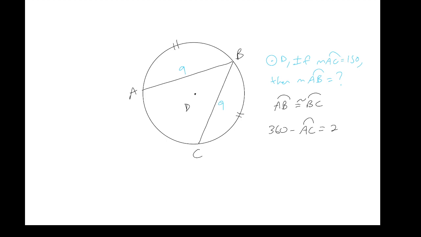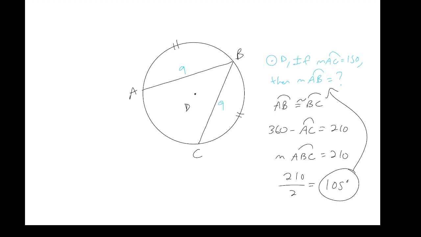So that's going to give us 210, and that's going to be the measure of arc ABC. Now remember, AB and BC are the two parts that make up ABC. Therefore, we just have to half this. So 210 divided by 2 is going to be 105 degrees, and that is your answer. That is the measure of arc ABC.